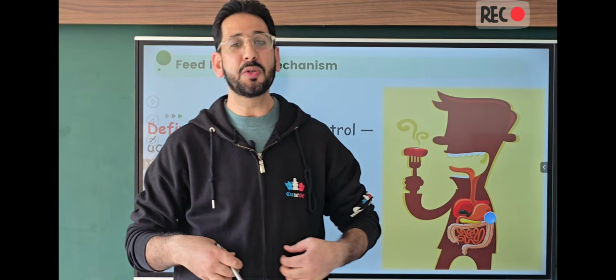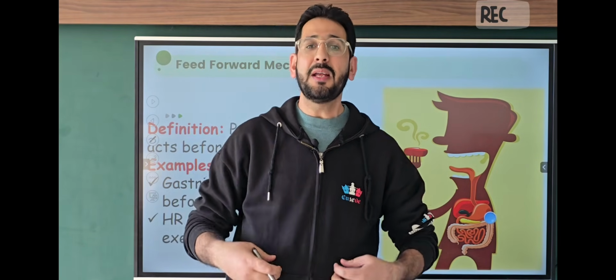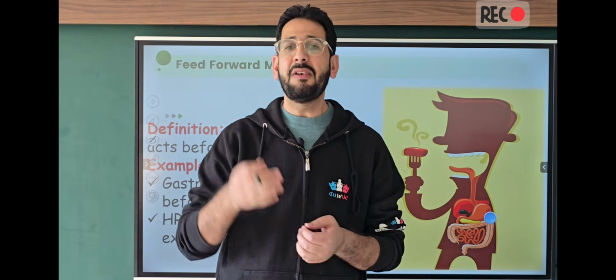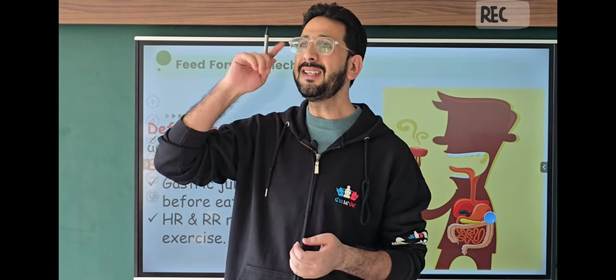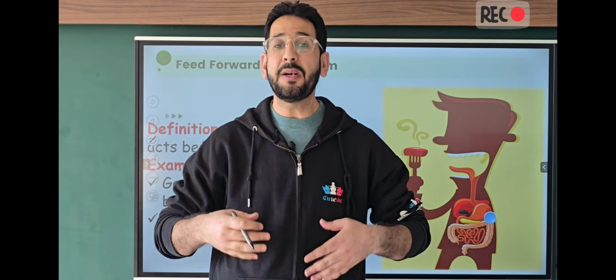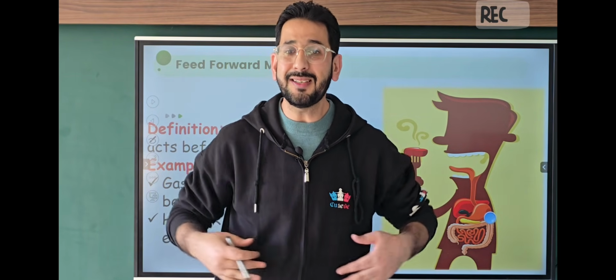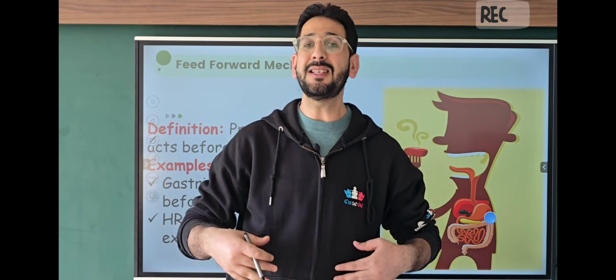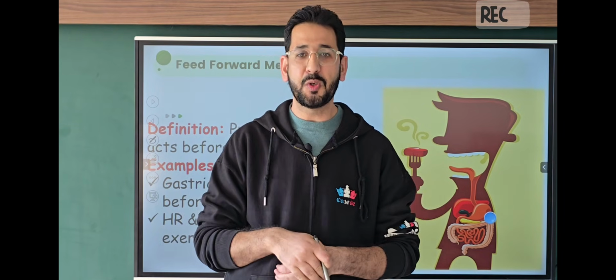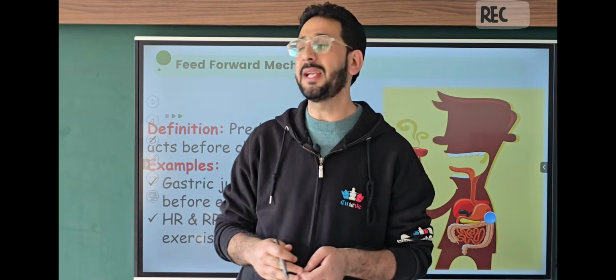The gastric juice is secreted when we see the food, when we smell the food, when we think about the food. The food is not even in the stomach, but our stomach is secreting gastric juice. It is preparing the stomach for the food that is going to come. So that is the feed-forward mechanism.